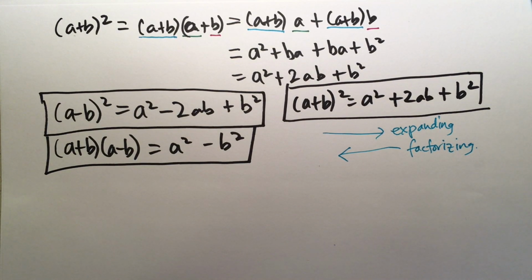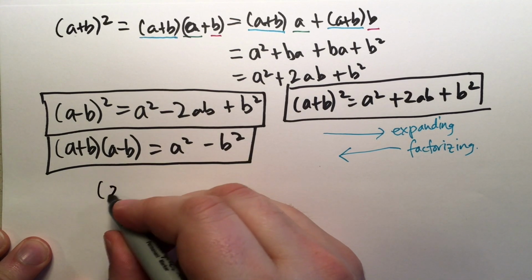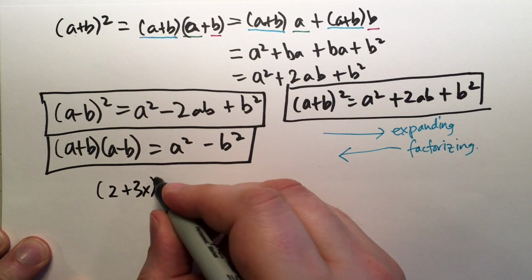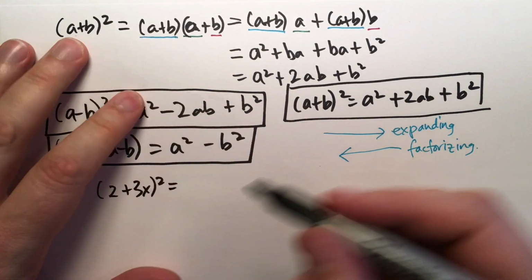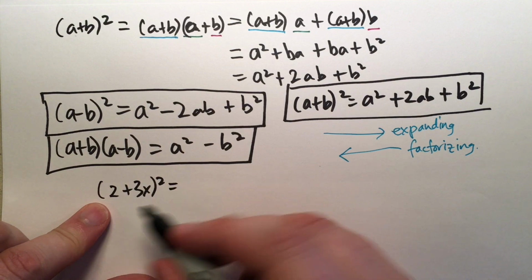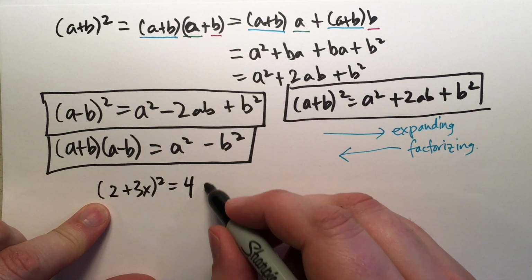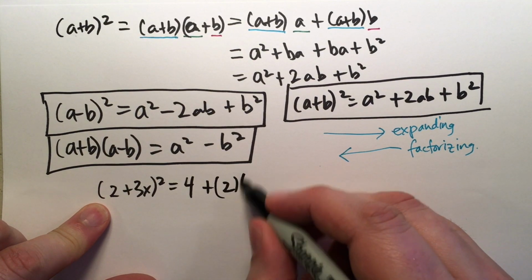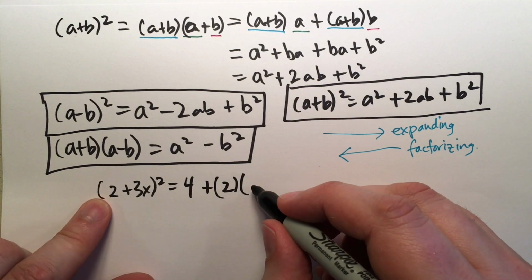A couple of examples. Oh, that's the wrong color. I want the black. Example 1, they have 2 plus 3x squared. Well, we can use this formula here. So we take the 2 and we square that, so that's 4. Then we take 2 times 2.